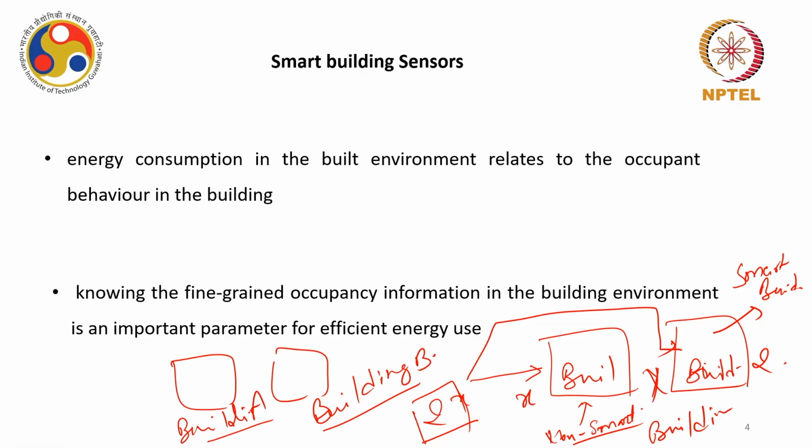Now, out of this X, building 1 consumes around 45%. So the consumption by building 1, for example, is 0.45 of X, and the same is being consumed by building 2.